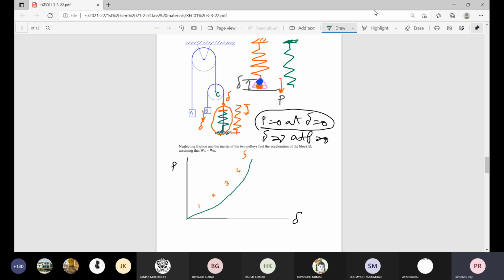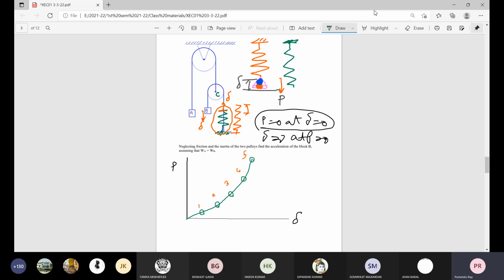It is a curvilinear relation. We have only these points, P1 delta 1, P2 delta 2, P3 delta 3, P4 delta 4, P5 delta 5, etc. You do not know this is a parabola.